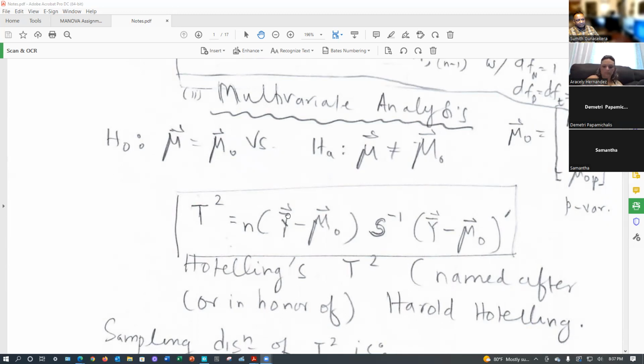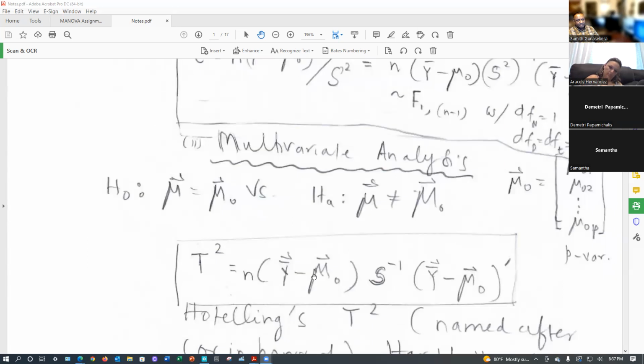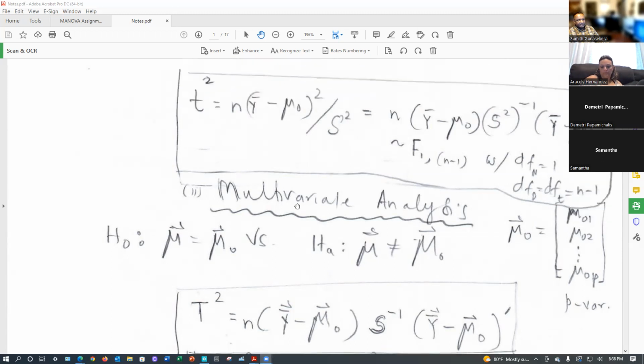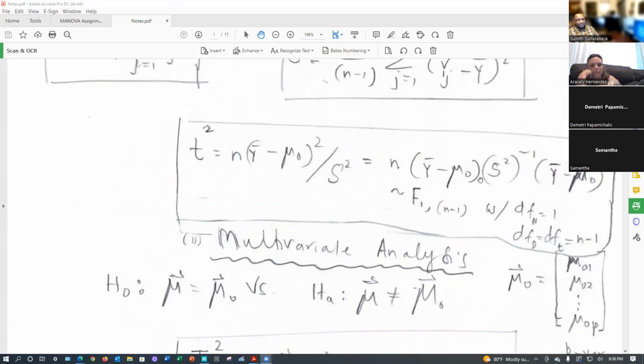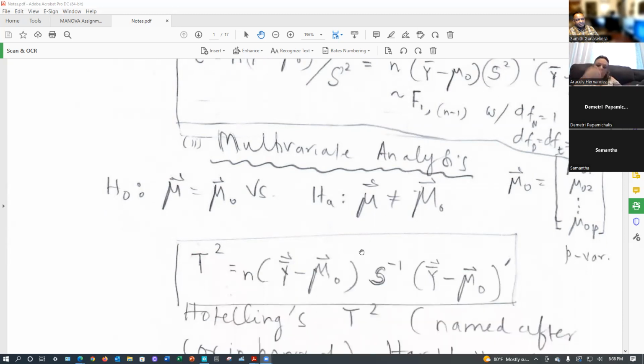Look at the vector y bar, minus mu, this vector, p by 1, p cross 1, that's the size. Here I'm just giving the analogous expression for the multivariate case.